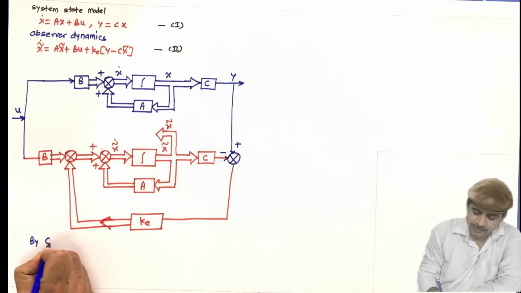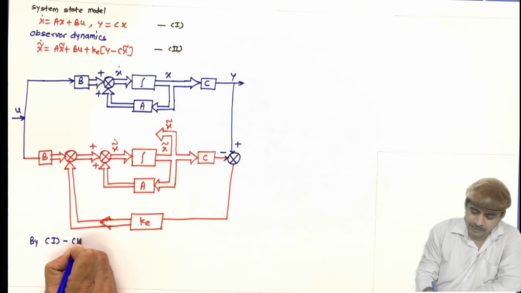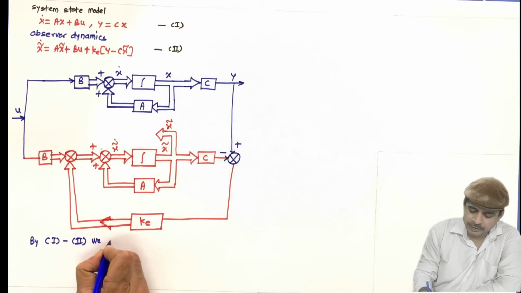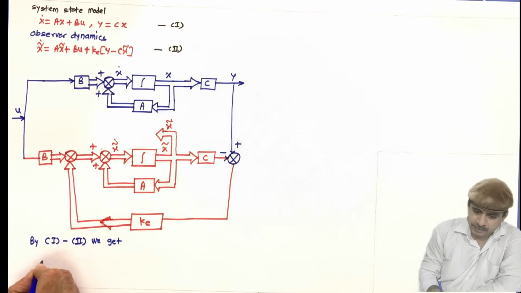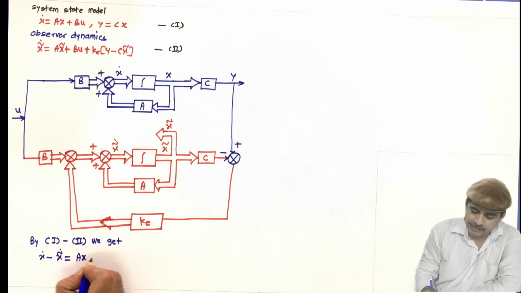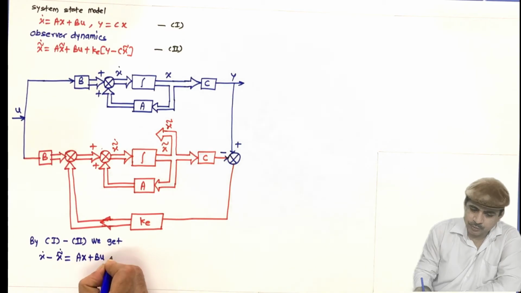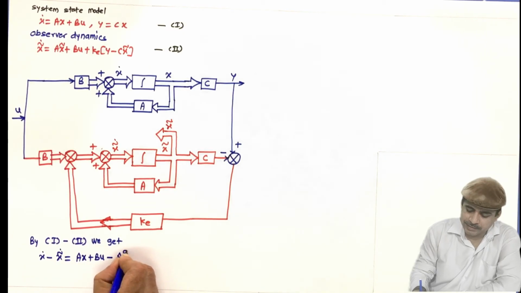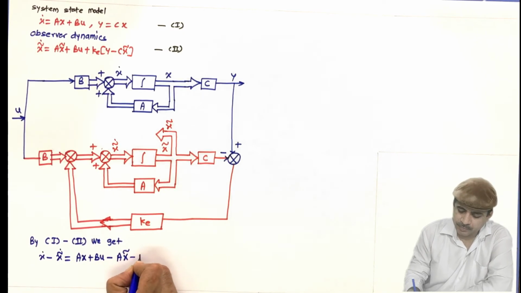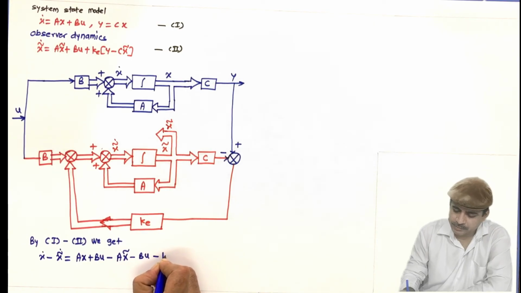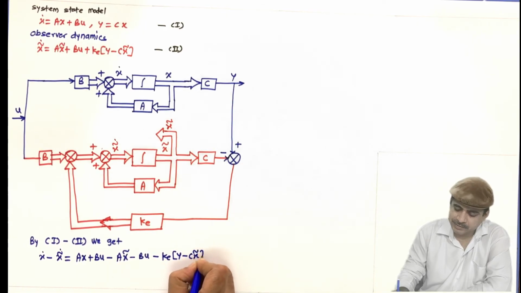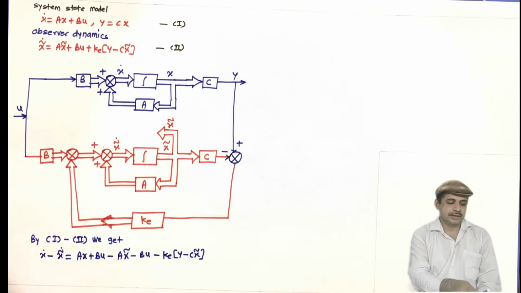So by 1 minus 2 we get x dot minus x tilde dot is equal to ax plus bu minus ax tilde minus bu minus ke in the bracket y minus cx tilde. Correct.